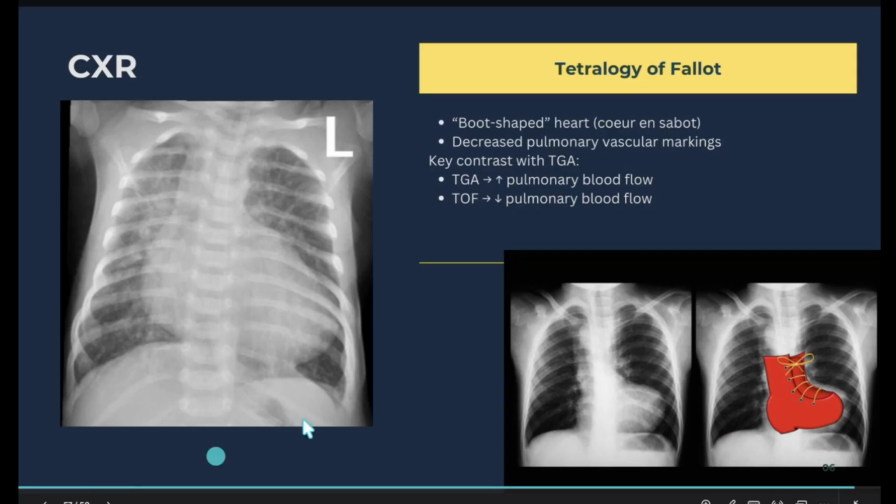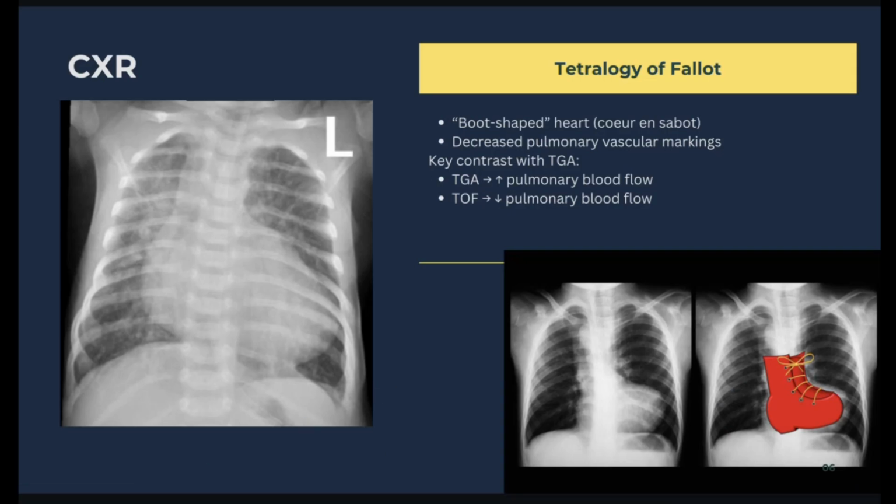If I may ask a question of the group, please. Lara, well done. To the group, what are the components of tetralogy of Fallot? If you understand the components, you might be able to explain better the chest X-ray findings. Tetralogy, so 4 components.